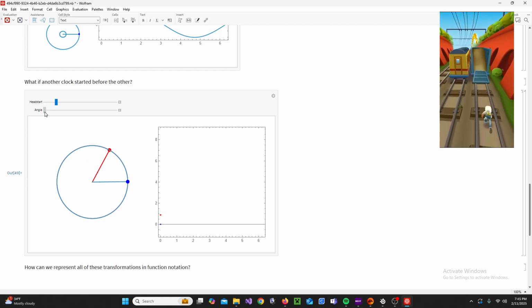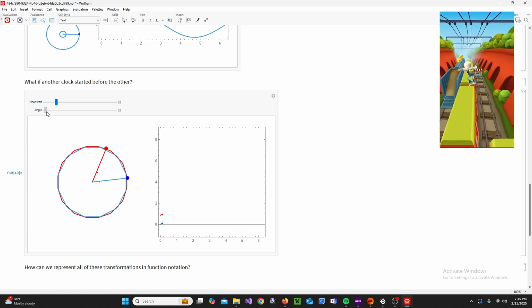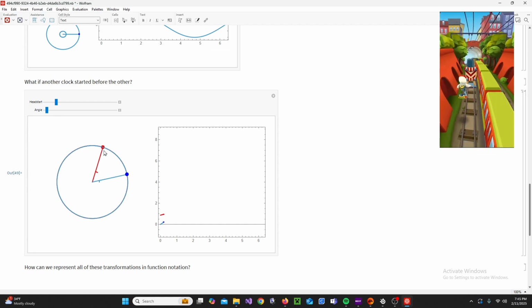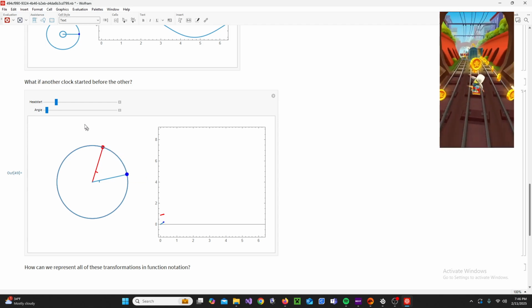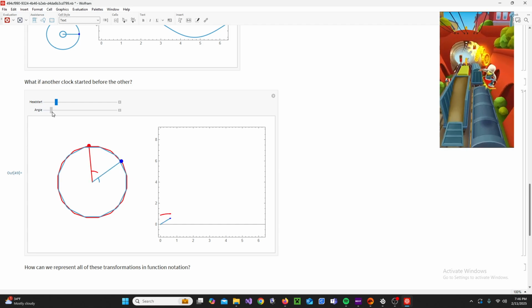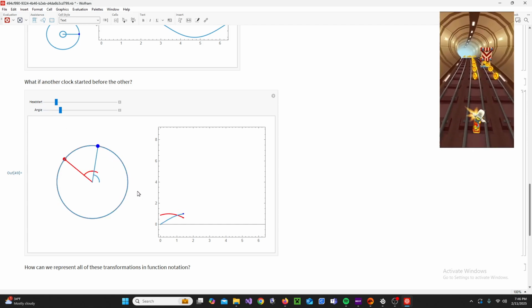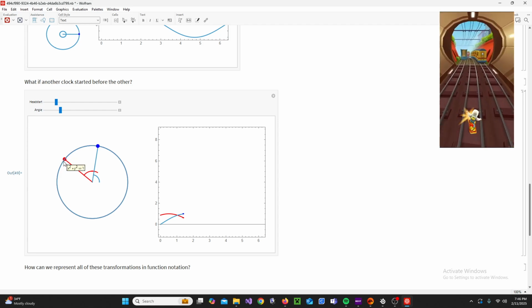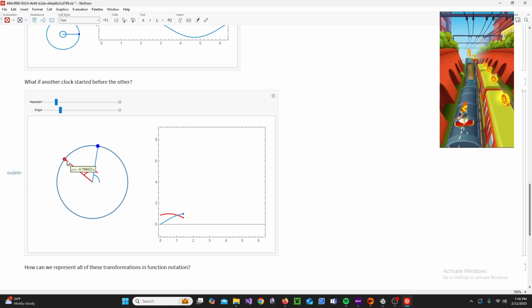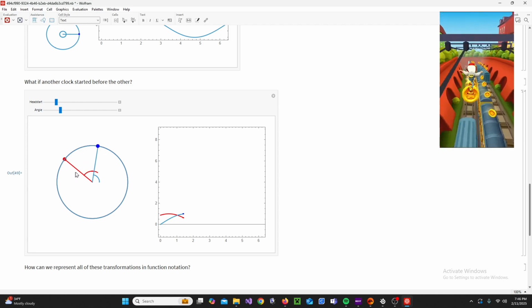Well, now after the same amount of time, it is ahead of the blue one, right? Once I go forward, this one has made more progress. This one is so much, whatever this value is, ahead of the other one.